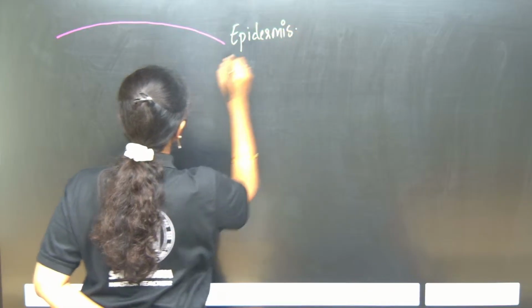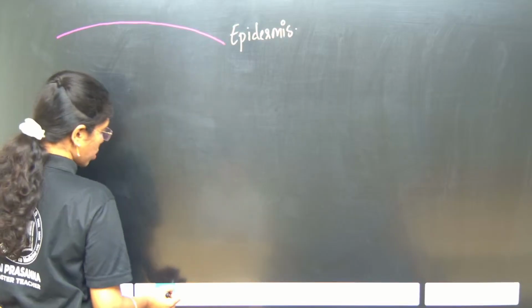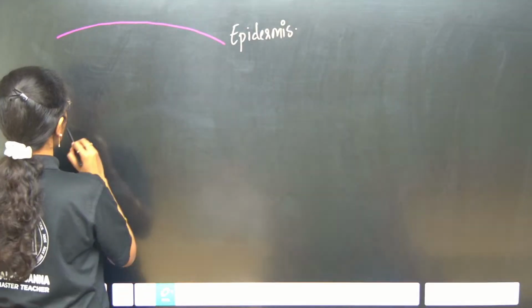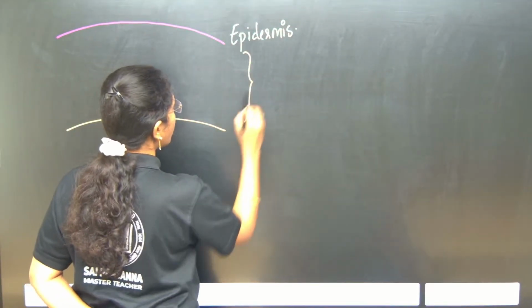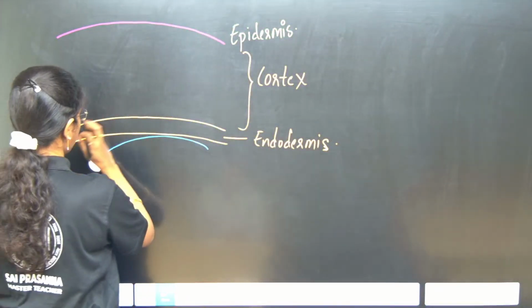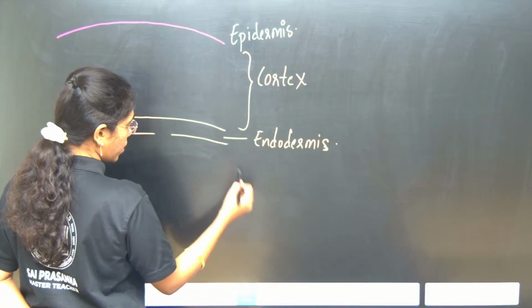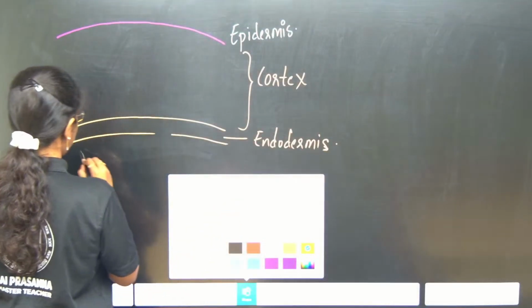Below epidermis we have hypodermis, general cortex, endodermis. So this whole region is the cortex region. The last layer of cortex is endodermis. And then comes the stellar region. The stellar region first includes pericycle.